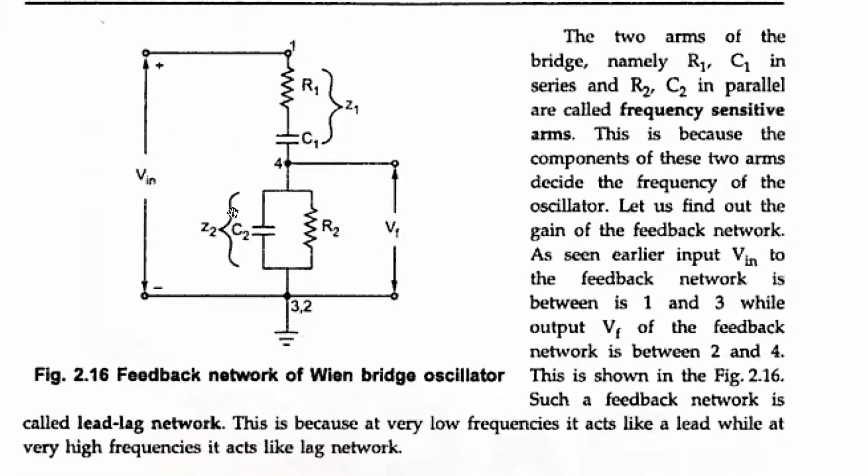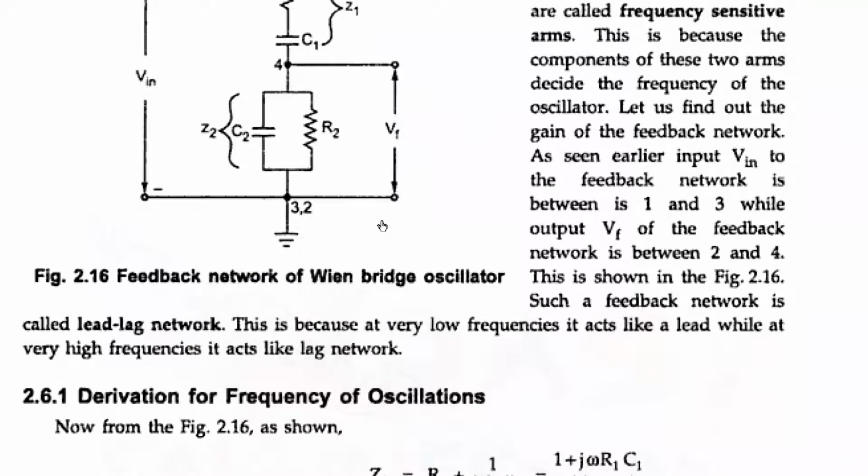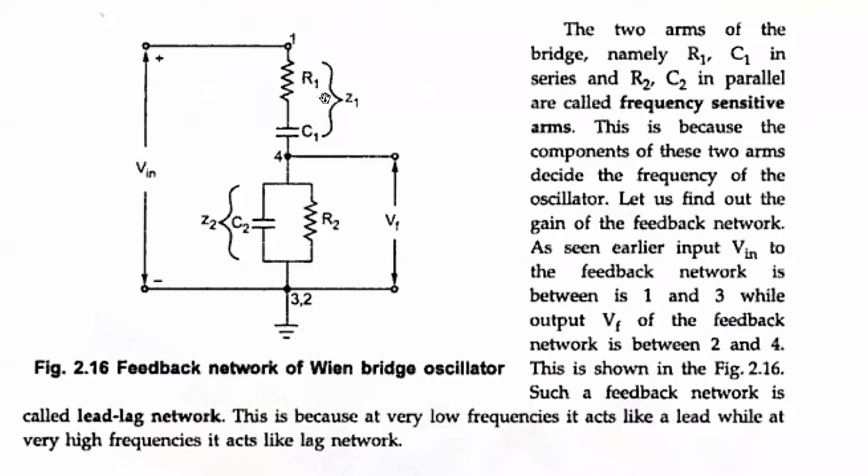Now it is very easy. This is together some impedance, let us call it Z1. This is together some impedance, let us call it Z2. Z1 is the series combination of R1 and C1. For a series combination, simply add the impedances: R1 plus 1 by j omega C1.